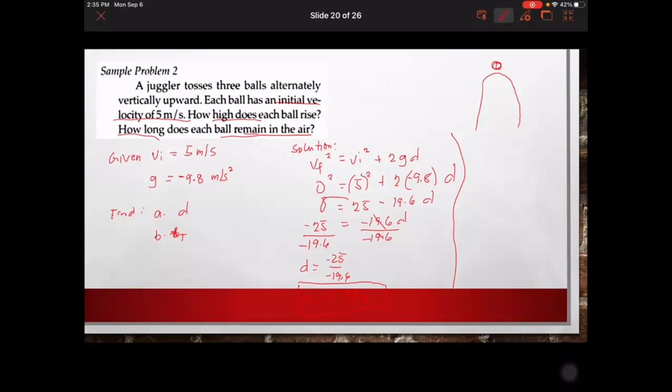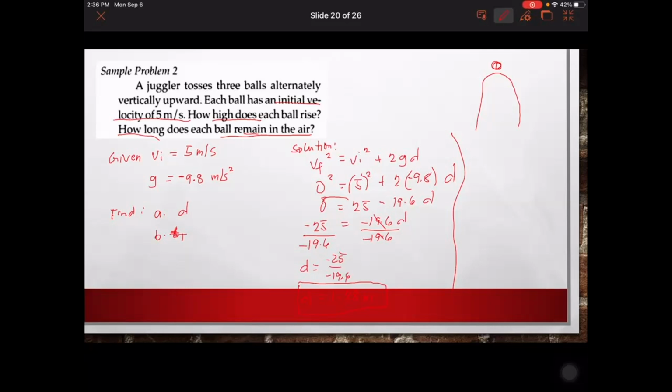Next, we have the letter B, time of flight. Kukunin natin dito is yung kalahati. Ay, wala ito sa inyong formula, ako na magbibigay.